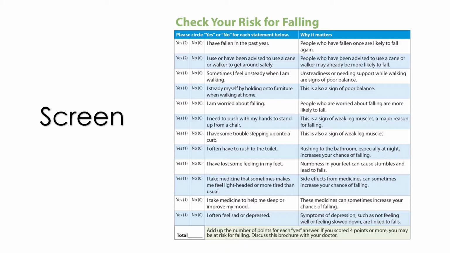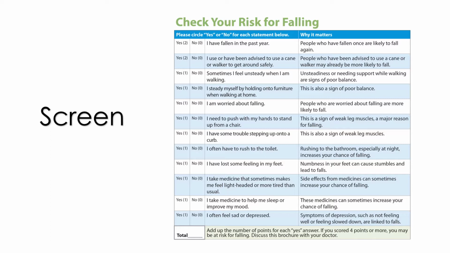So the first statement is I have fallen in the past year. So if a client says, yes, I have fallen in the past year, this is important because people who have fallen once are likely to fall again. The second statement is I use or have been advised to use a cane or walker to get around safely.